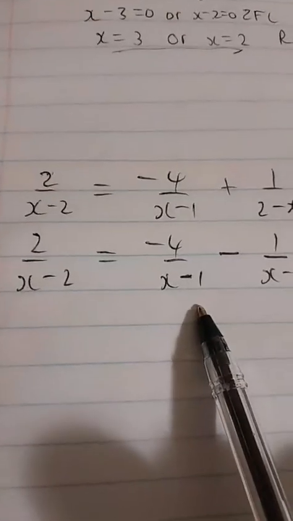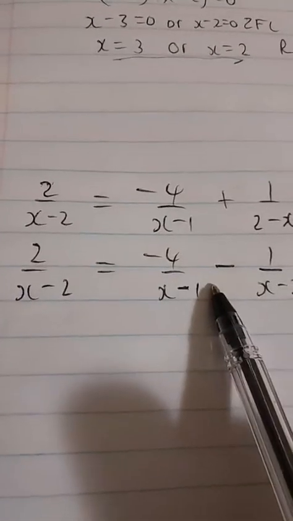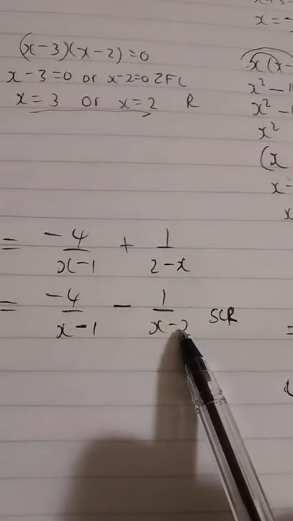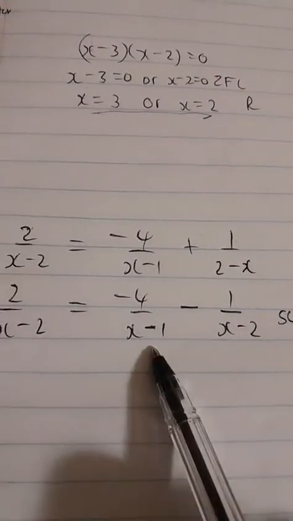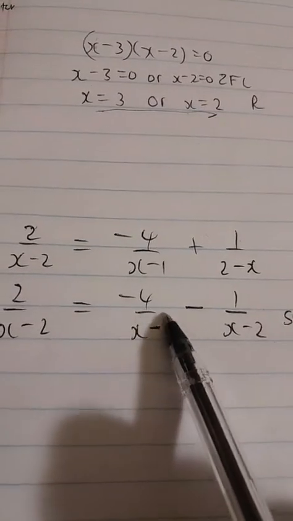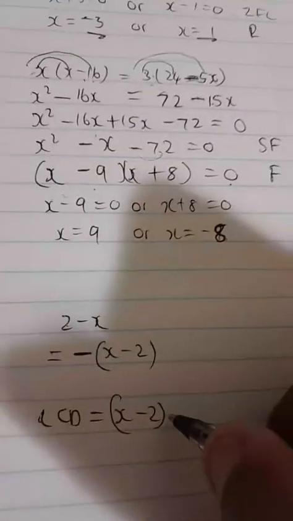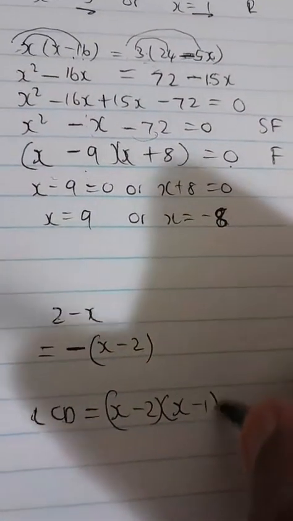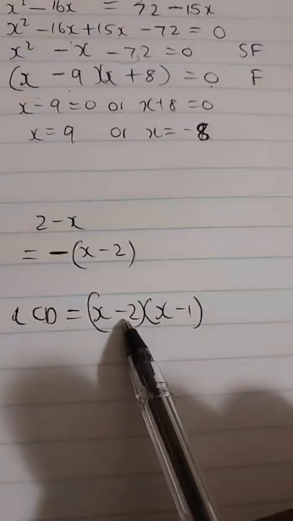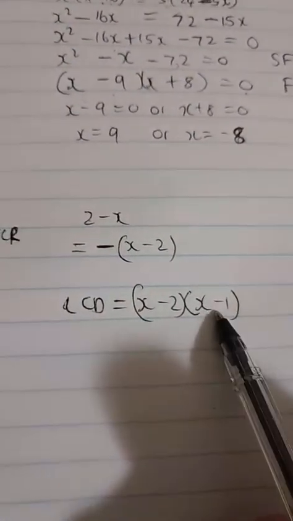Let's move on. x minus 1 is unique and is not the same as x minus 2. Since x minus 1 is unique, it is included in our LCD.